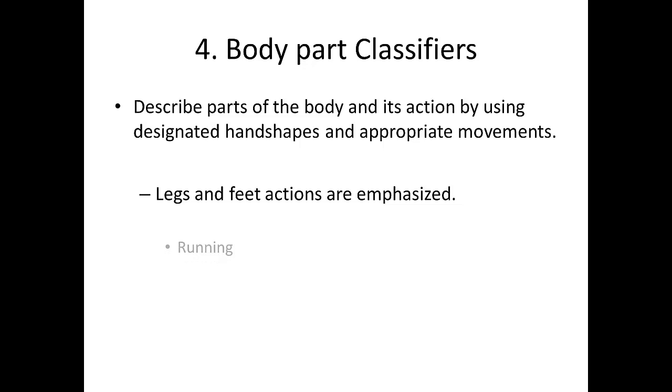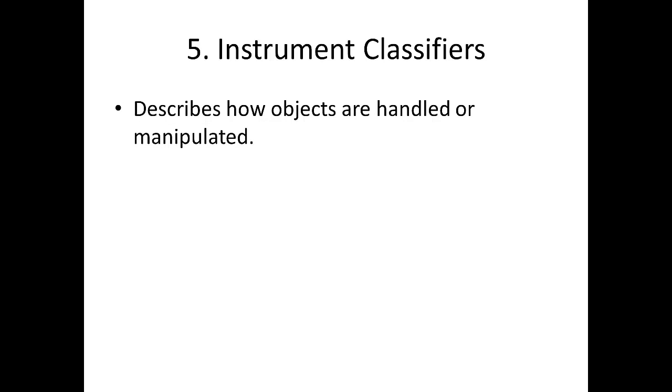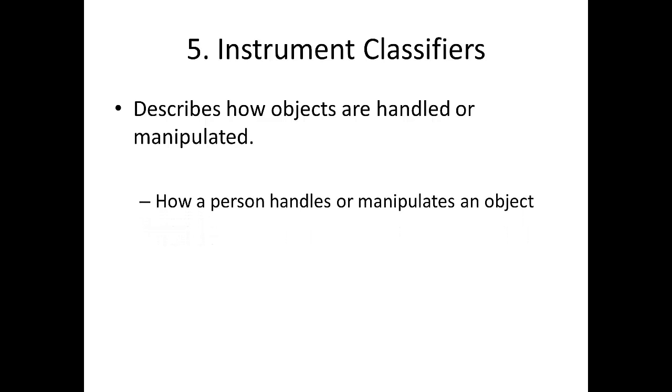Legs and feet can be represented as running, jumping, crossing of the legs. Instrument classifiers are used to describe how objects are handled or manipulated. An object can be tossed, caught, or thrown.